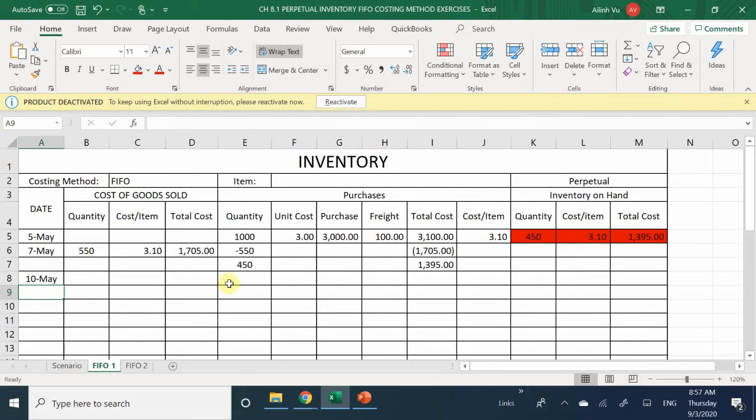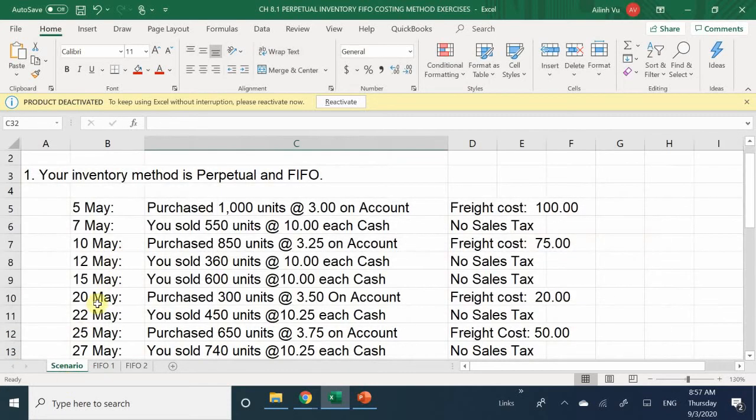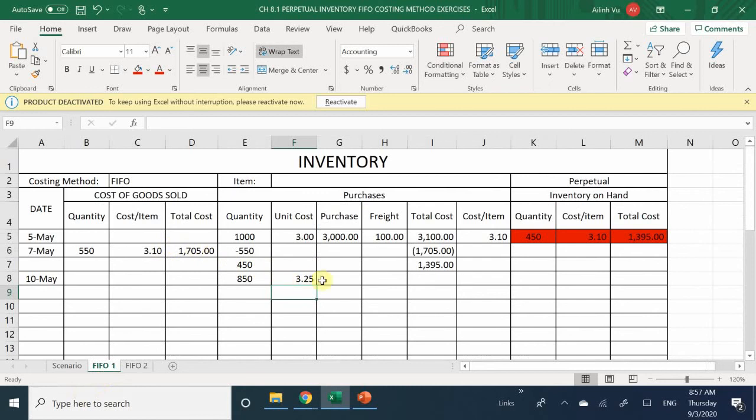We made a purchase of $8.50 at $3.25. Yeah, that was right. $8.50 at $3.25, and our freight cost was 75 cents. So in this case, our freight is going to be 75 cents.